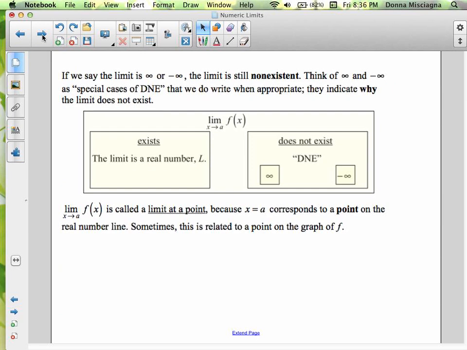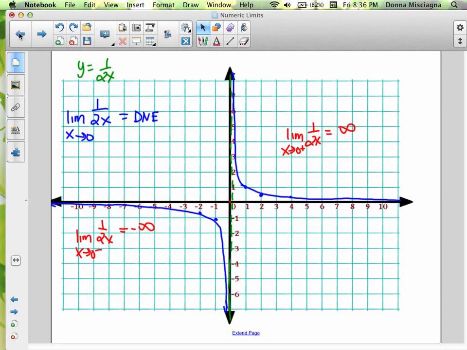Think of infinity and negative infinity as special cases of does not exist that we do write when appropriate. They indicate why the limit doesn't exist. As we approach 0 from the negative side, we decrease without bounds. As we approach 0 from the positive side, from the right-hand side, we increase without bounds. That's why the limit doesn't exist. Right?